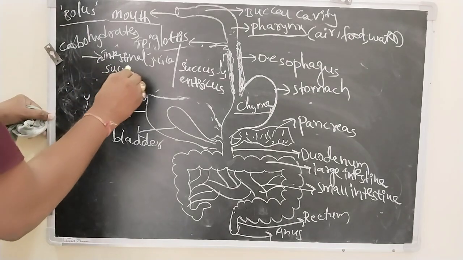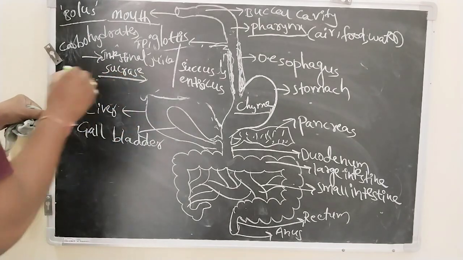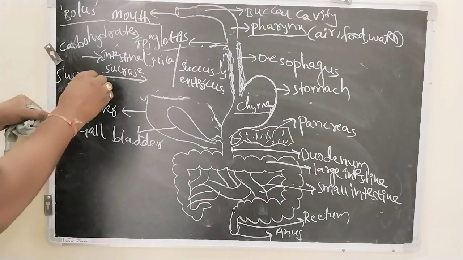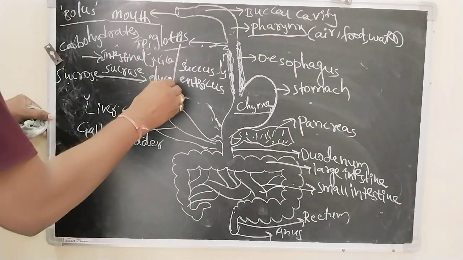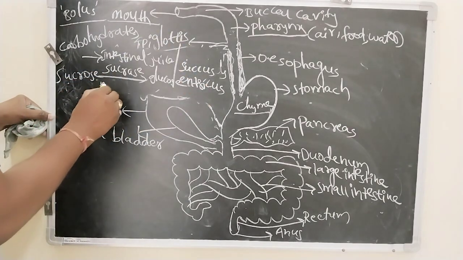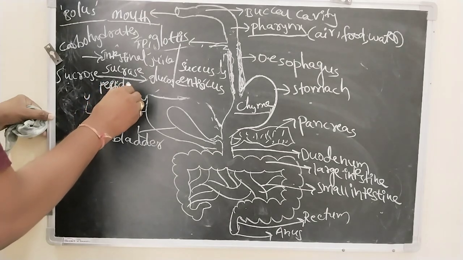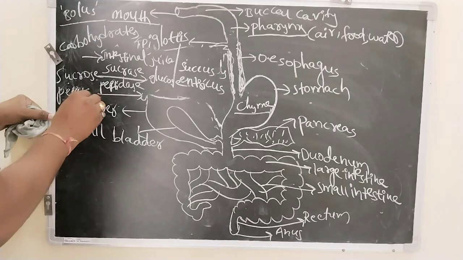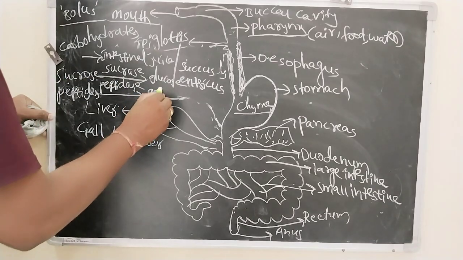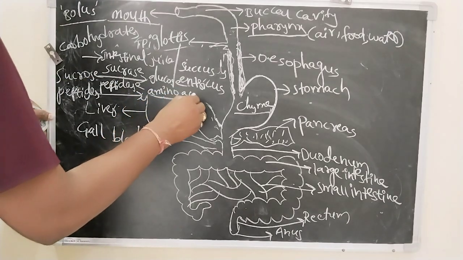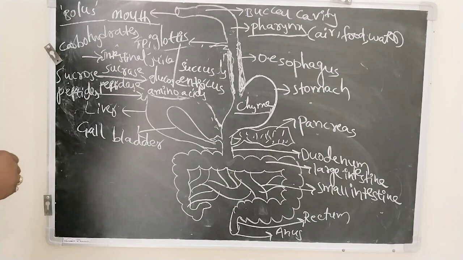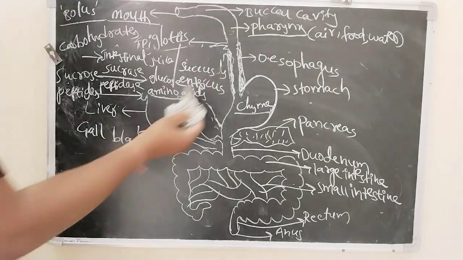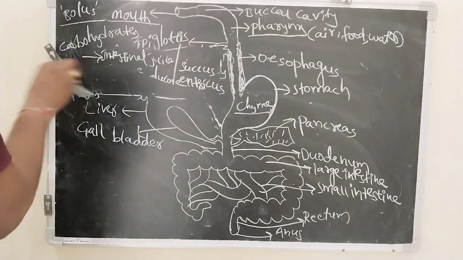One is sucrase, which converts sucrose into glucose. Another one is peptidase, which converts peptides into amino acids. Okay, right. So digestion is completed in the small intestine.